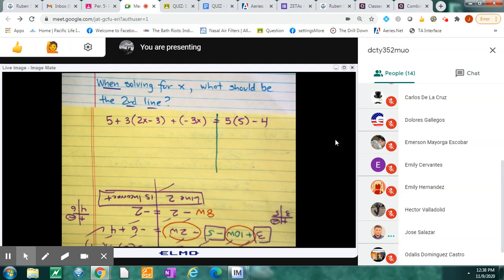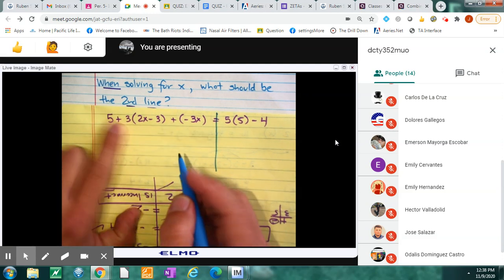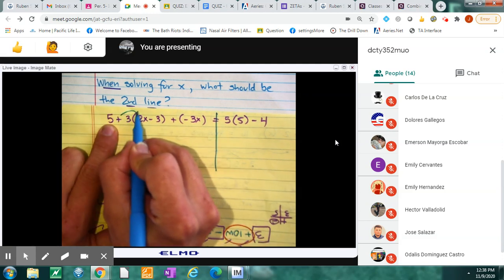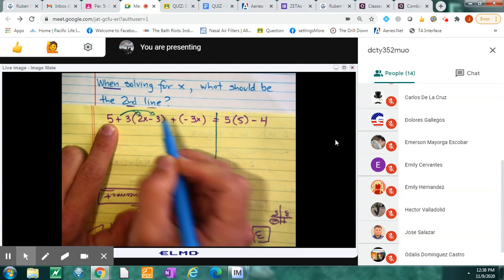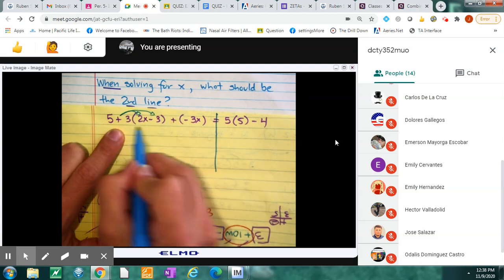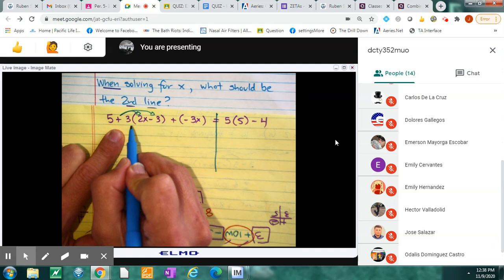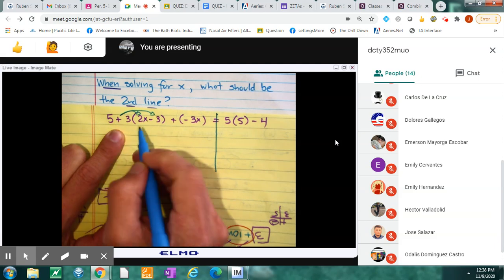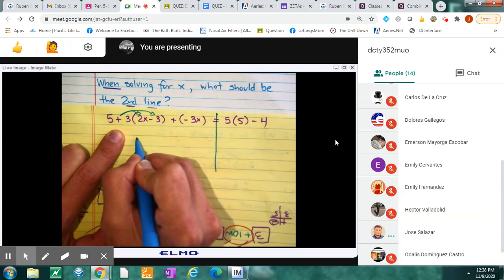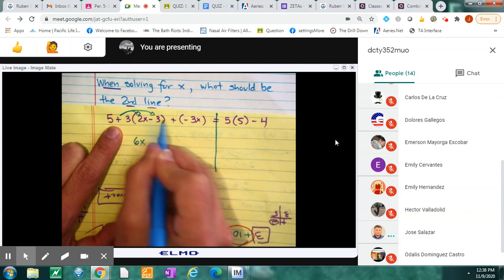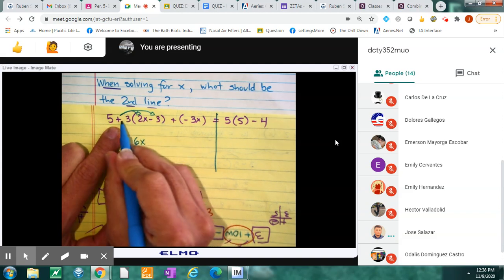Right. Thank you, Jose. So we're going to do 5 plus... So you should have put arrows like this, right? So sticking with Jose, what's the first term I should get? What's the first answer I should get? 3 times 2x. And then minus 3 or what?